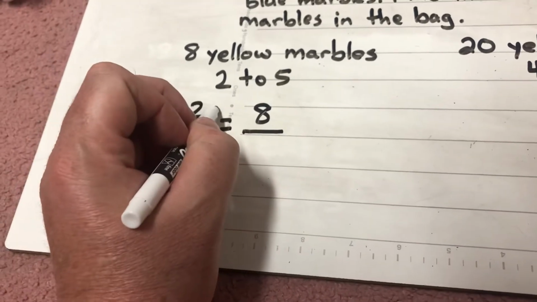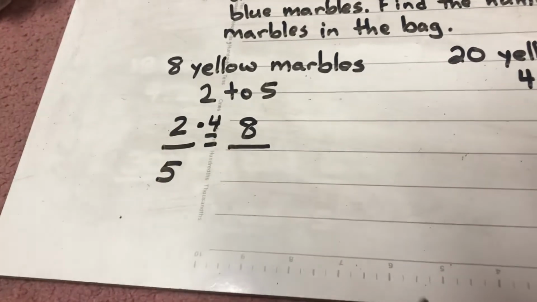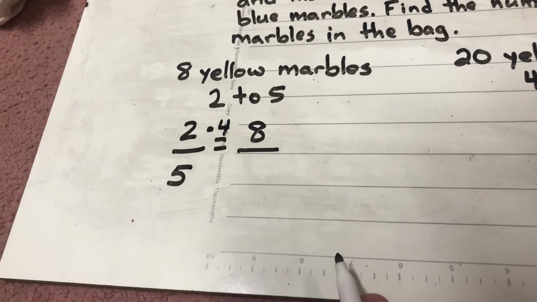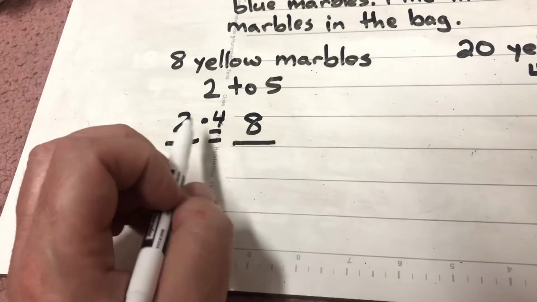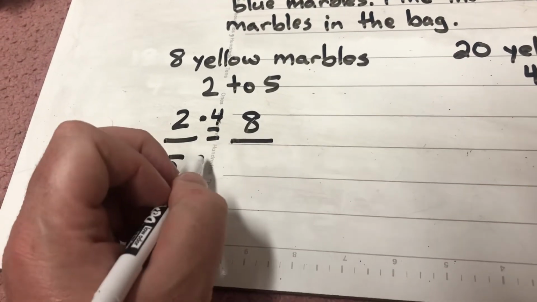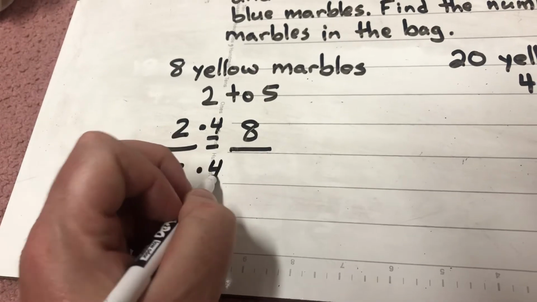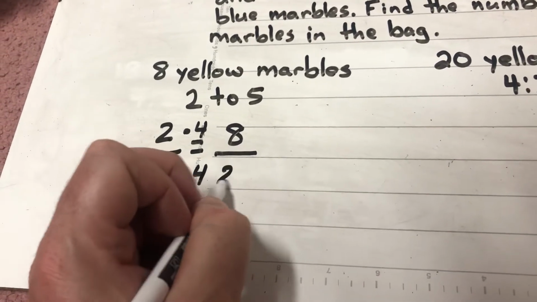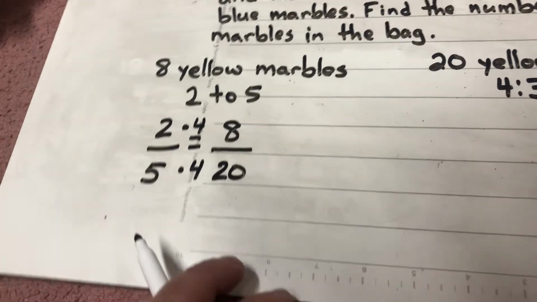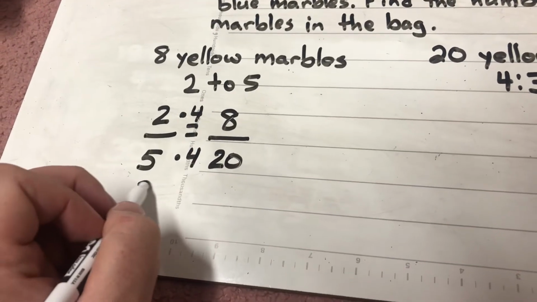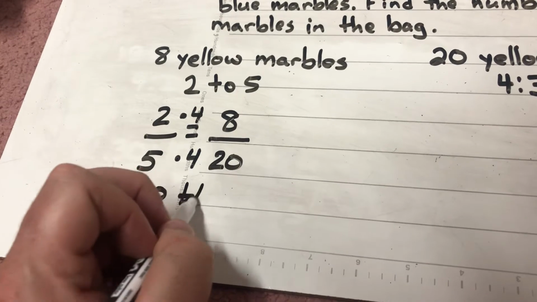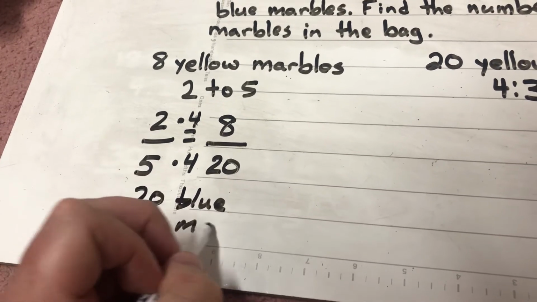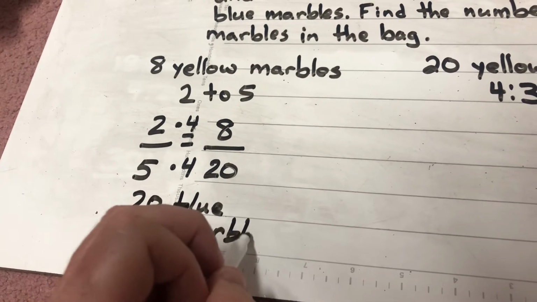And as a sixth grader, you should realize, well, it's 2 times 4 that gave us 8. So if I did 2 times 4 to get 8, I've got to do 5 times 4 to get this number here. And 5 times 4 is 20. So that tells me that there were 20 blue marbles in that bag.